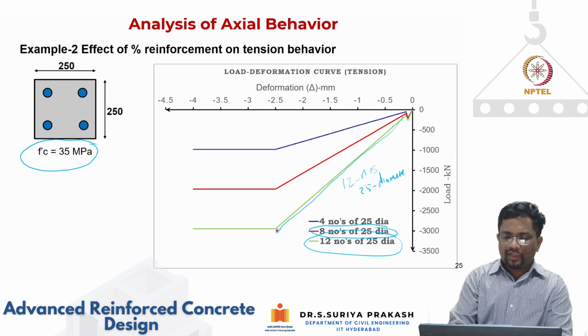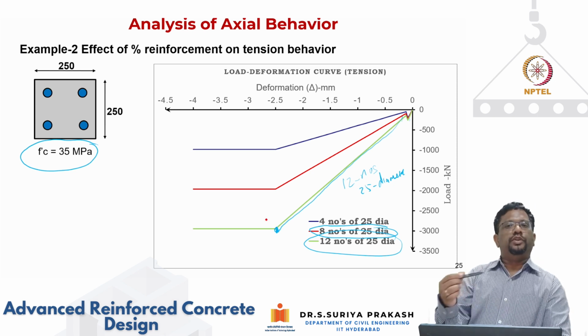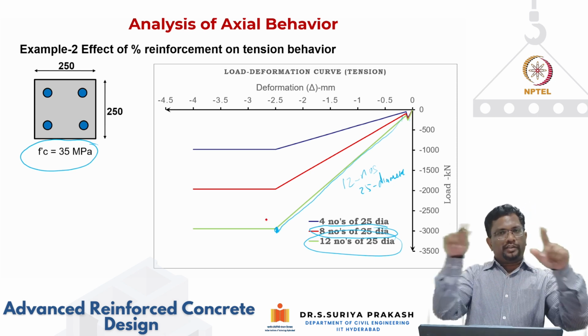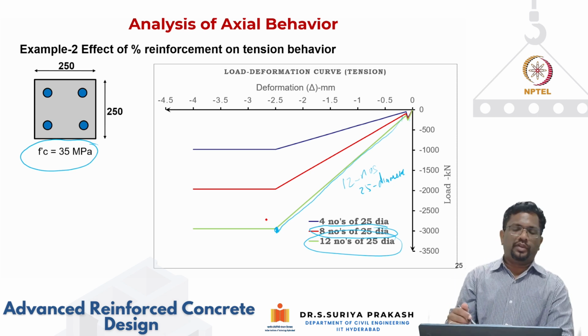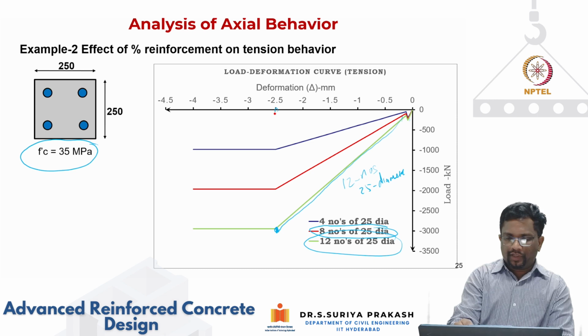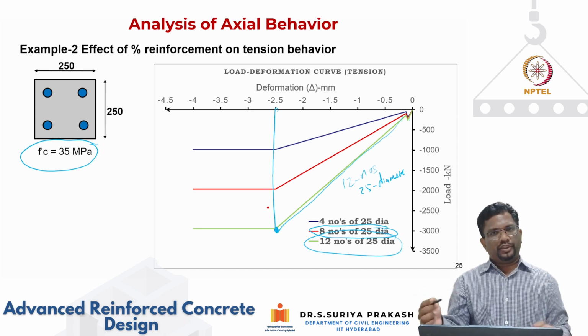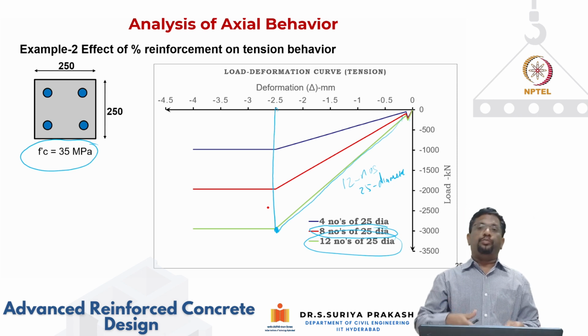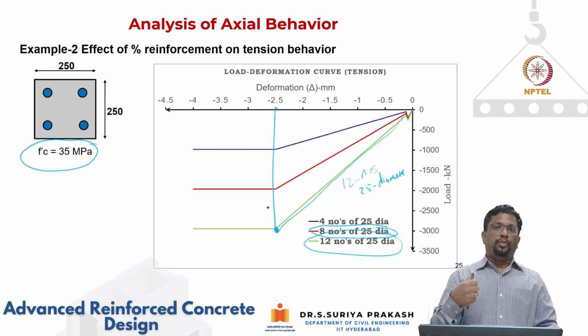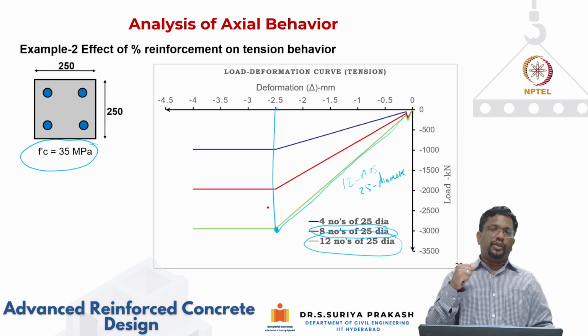But if you look at it, the yielding capacity also is going to increase. So we have taken the elastic perfectly plastic behavior for steel. That is why this is also resembling like that. But if you look at it, the yield deformation, there is no change. However, the yielding load capacity increases in proportion to your amount of steel, because that is directly coming from your equilibrium equation.